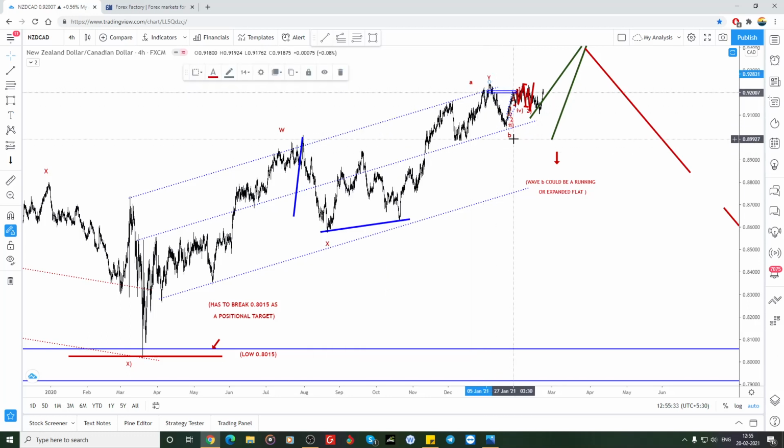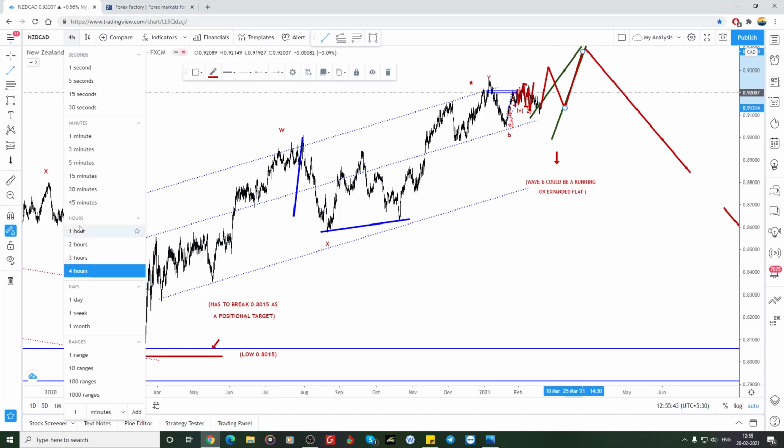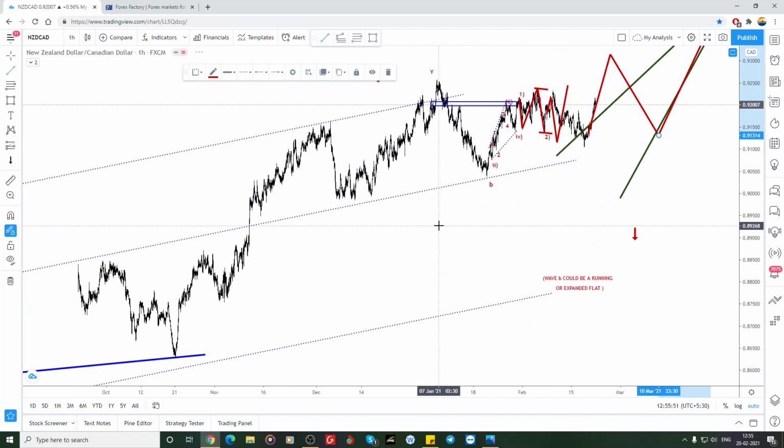So this is A. So we are in that overlapping, and it could do like this, and it can go. Or because here in the 1 hour chart, it did a 5-wave structure here. So after that it's too messy.